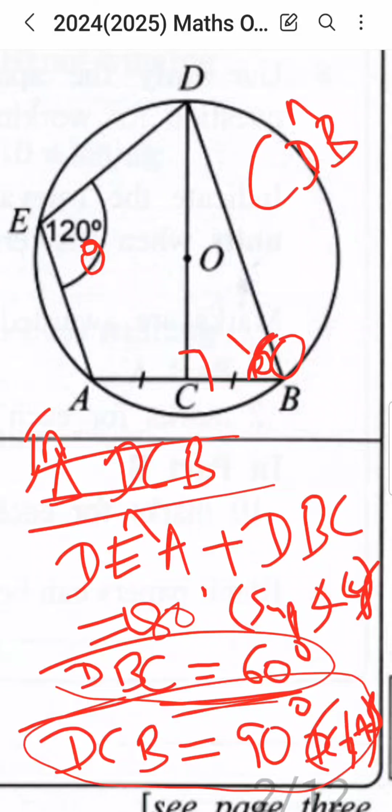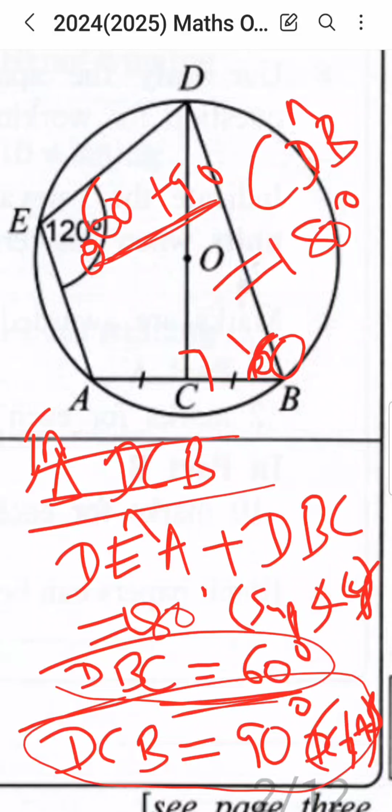So 60 plus 90 plus CDB equals 180, because of the interior angles of a triangle. Therefore 60 plus 90 is 150. Therefore CDB equals 180 minus 150, that's equal to 130 degrees.